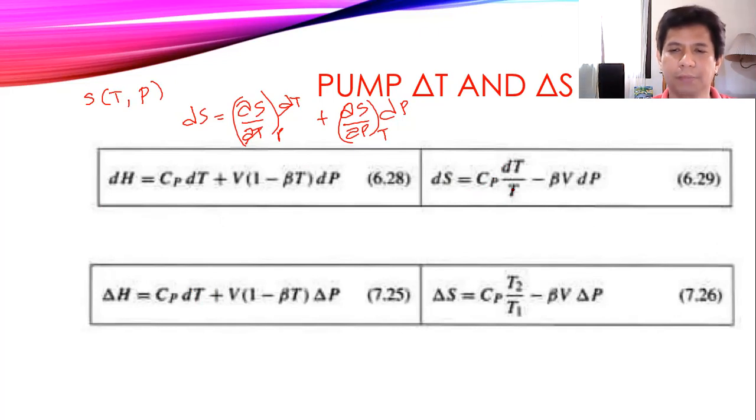Tapos integrate nyo to. So pag integrate niyan, you will have Cp ln T2 over T1. So ganun lang yung formula niyan. Yung first term niya. Yung second term naman, ganun din. Papalitan nyo lamang yung partial derivative ng S with respect to P at constant temperature. Di ba? If you still remember the Maxwell equation.